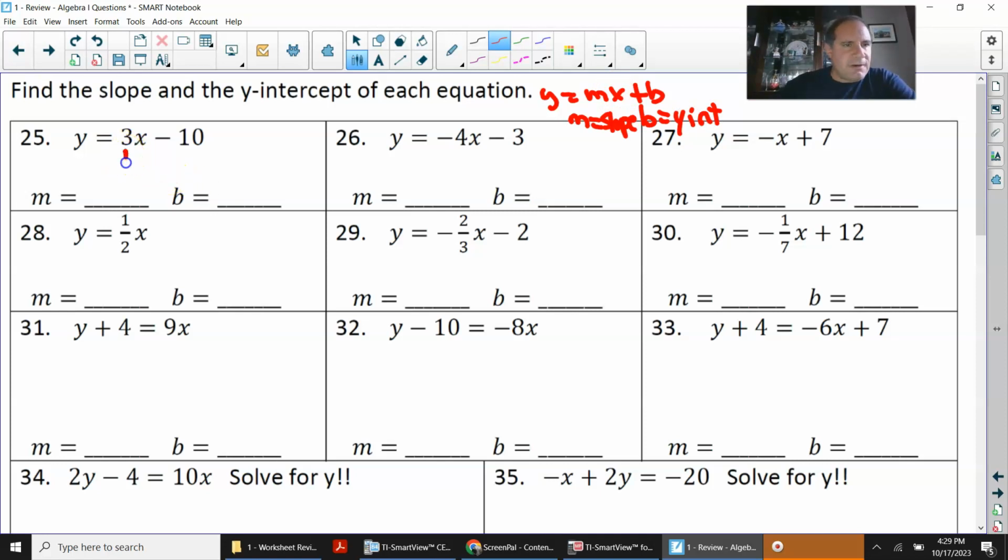So this right here is 3. This with the sign is -10. This right here is in y equals mx plus b, so it's -4. This right here is -3. This is the slope, it's -1. This is the y-intercept, it's 7.